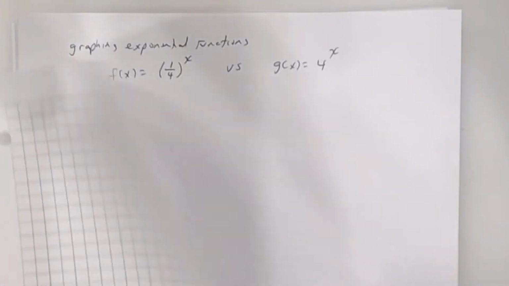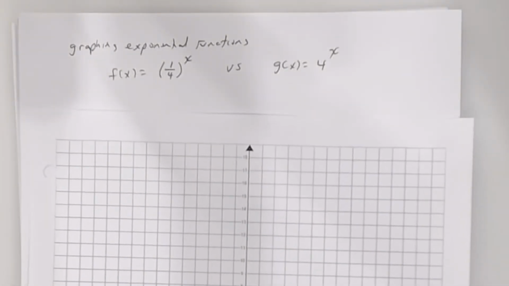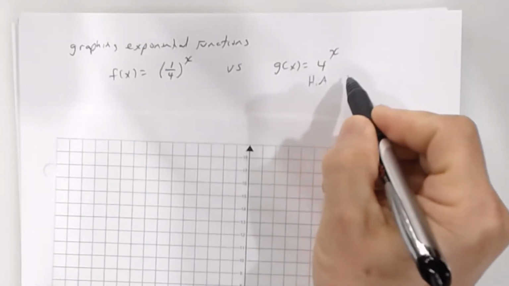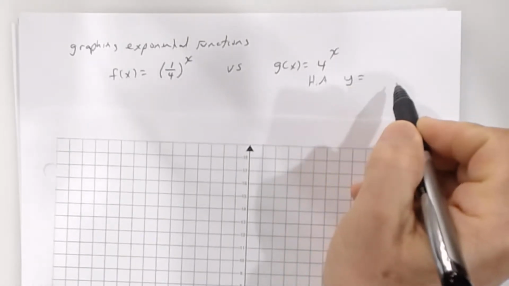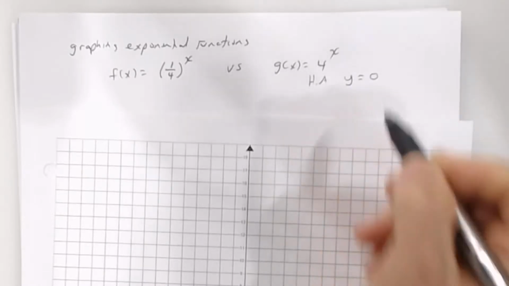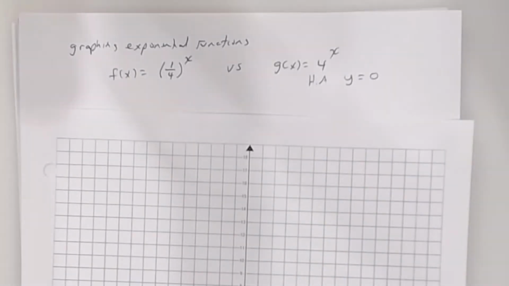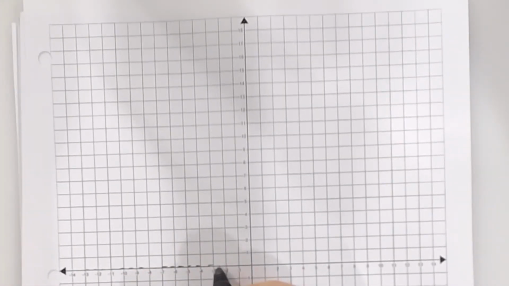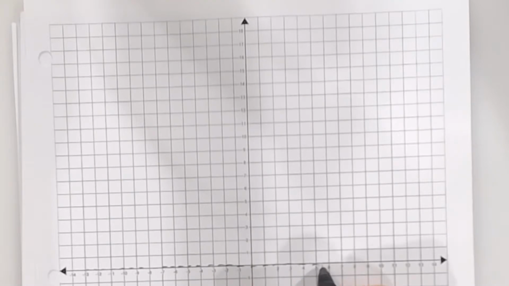So first of all, what is the horizontal asymptote for g of x? Y equals 4? Oh, y equals 4, you sure? Y equals 0. Or the x-axis, right? So I'm going to put a dotted line on the x-axis, just like this.